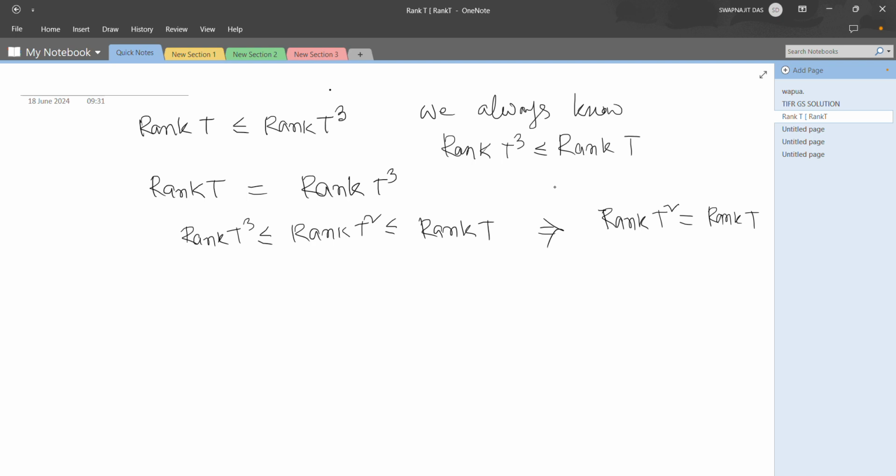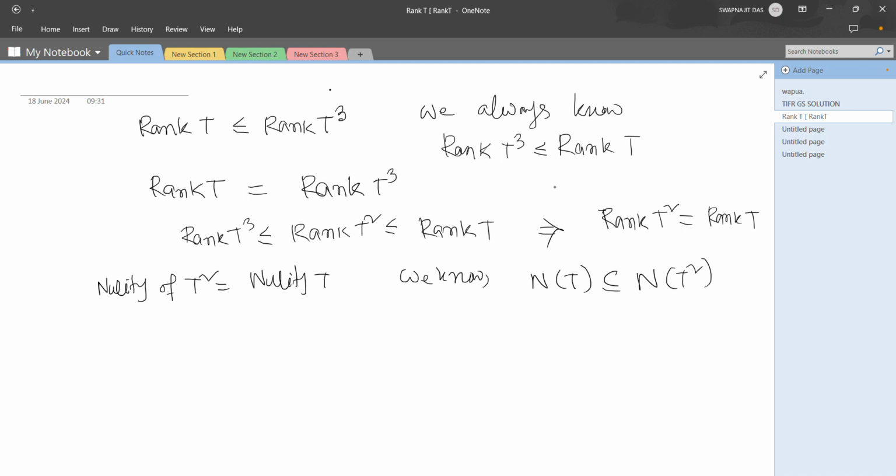Okay, then nullity of T square equals nullity of T. We know that null space of T is contained in null space of T square.